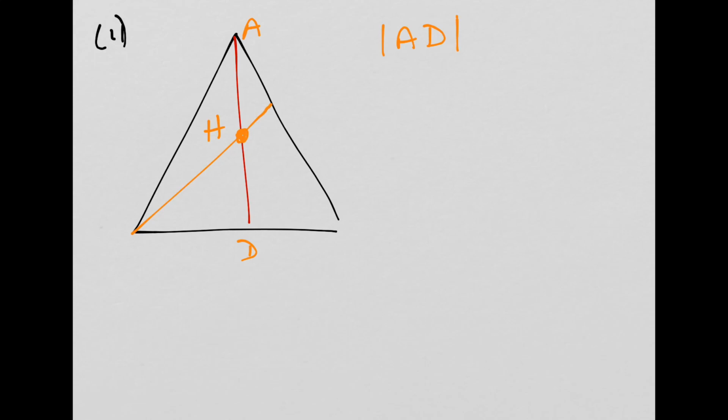Now because it's a vertical line, it shouldn't be too hard to work out the distance between point A and point D. Then work out the distance of DH or HD, doesn't matter which one you want, and you should find that DH is 1/4 of AD.